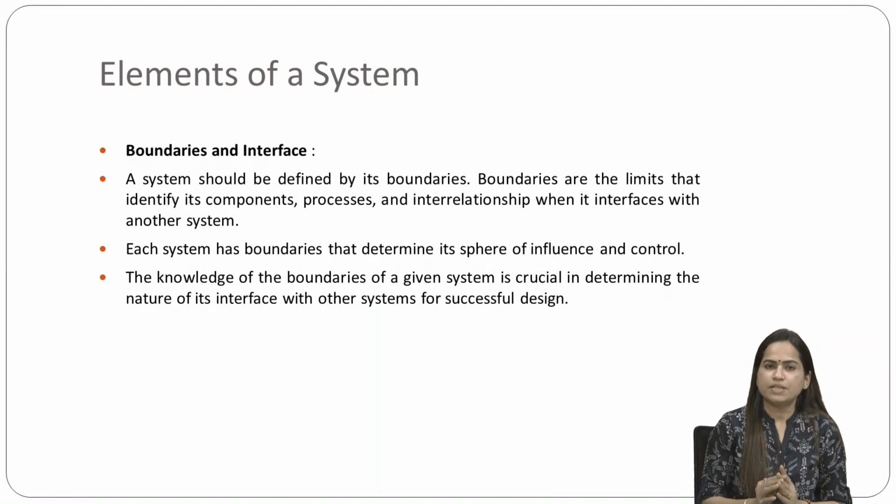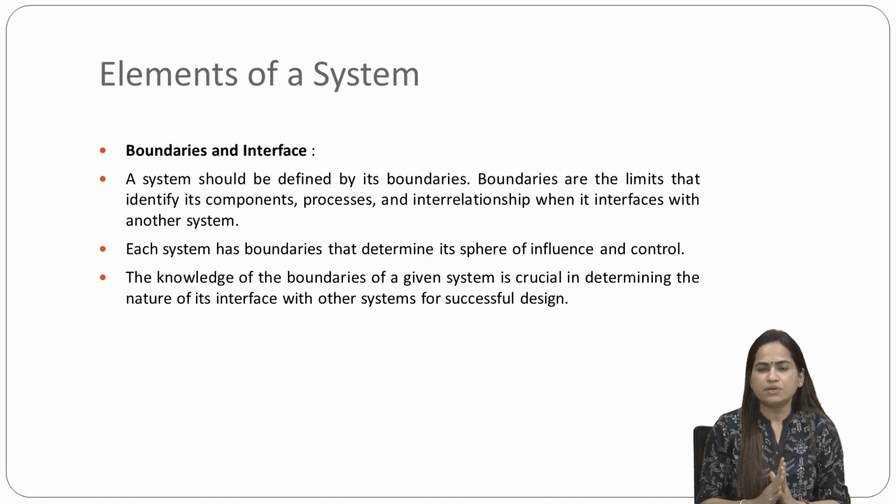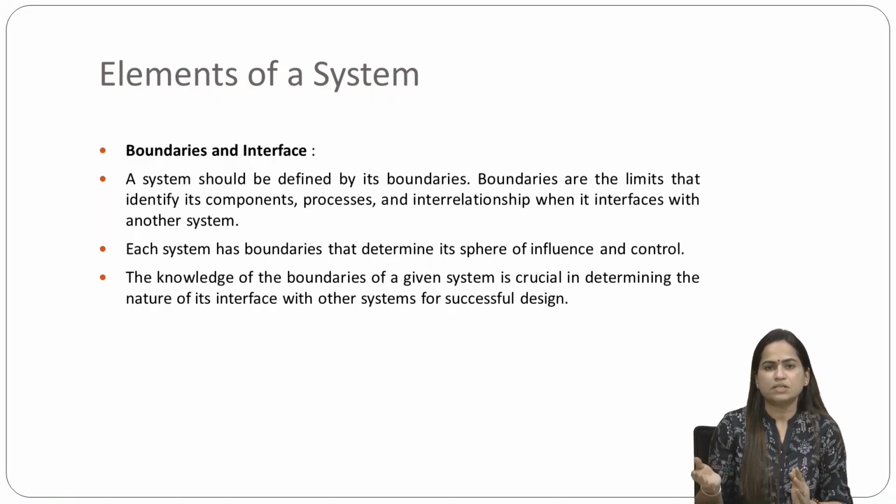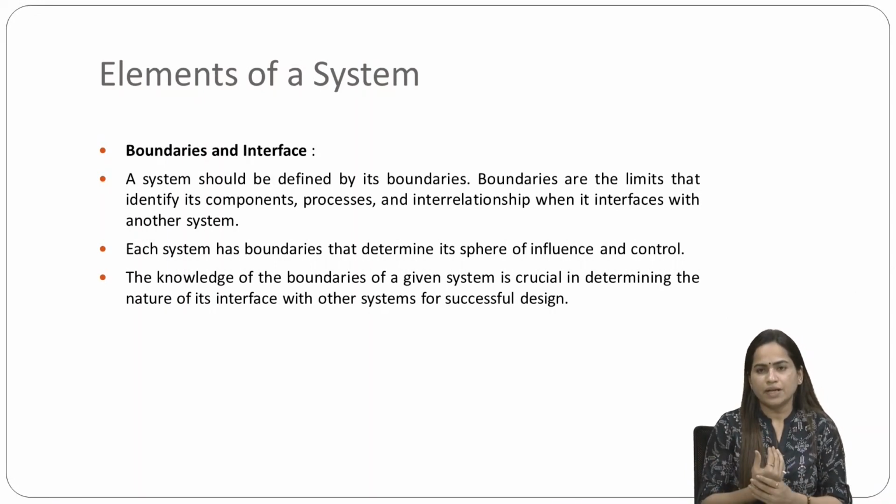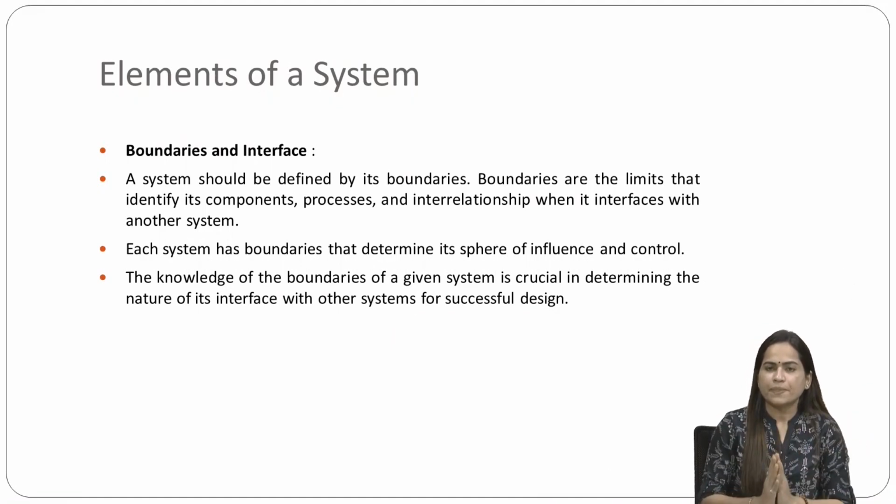Each system has boundaries that determine its sphere of influence and control. The knowledge of the boundaries of a given system is crucial in determining the nature of its interface with other systems for successful design. In simple terms, we must provide a boundary to the system.